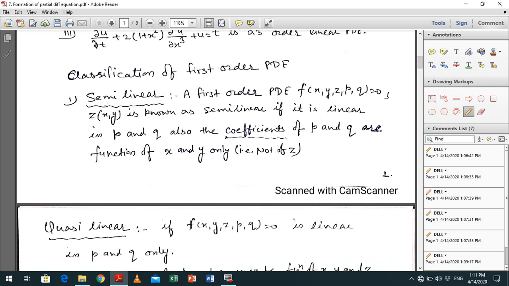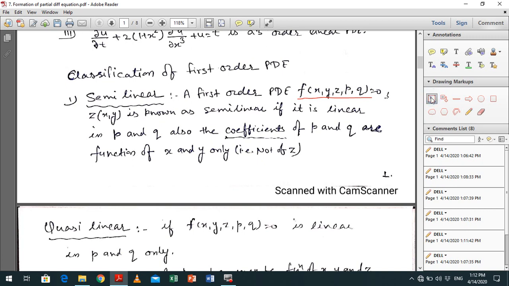And in what case will it be semi-linear? Suppose we have a partial differential equation of the form f(x, y, z, p, q) equals 0, where z is some function of x, y. It will be semi-linear if it is linear in p and q. Also the coefficients of p and q are some functions of x, y only, not of z.